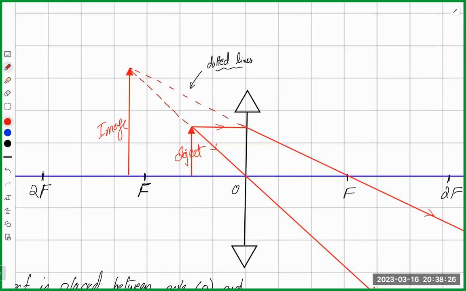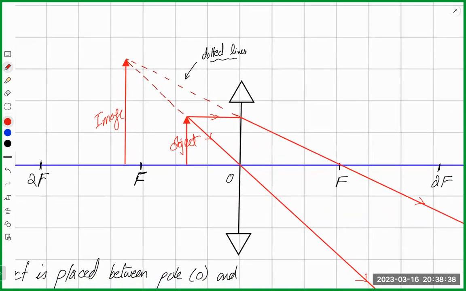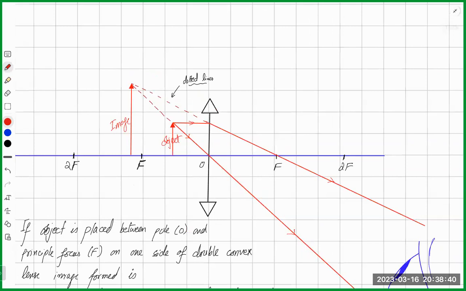So the image is upright, bigger, and virtual. It is not a real image. It is a virtual image because we need an eye to see it, and we cannot make this image on a screen. We can see it, but we cannot make it on a screen. This image is large, upright, virtual, and formed on the same side as the object.